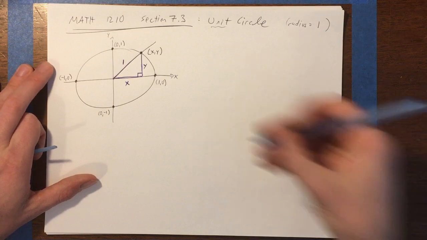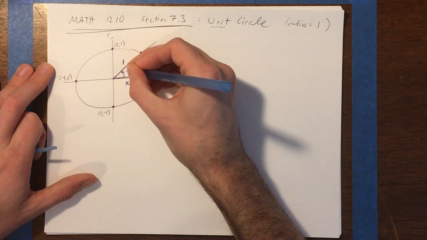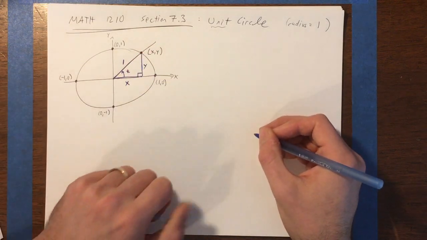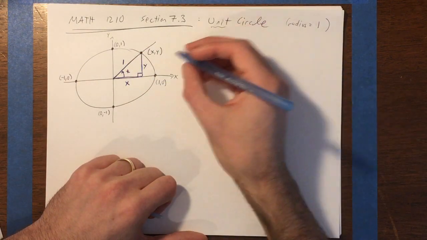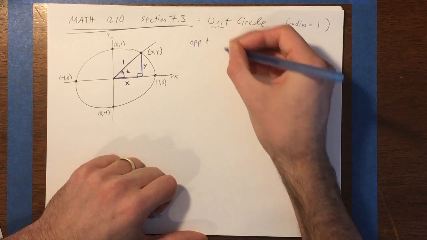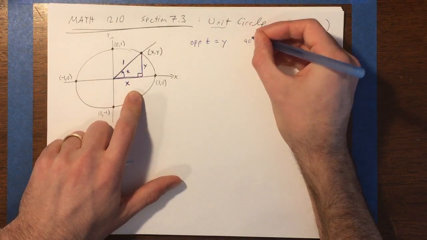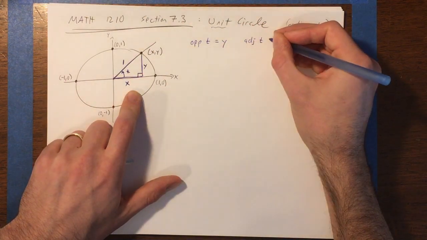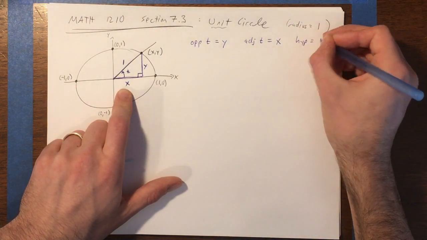So now let's look in here. This is our angle. Let's call the angle t. For this angle, opposite the angle t is the y value. Adjacent to the angle t is the x value, and the hypotenuse is 1.